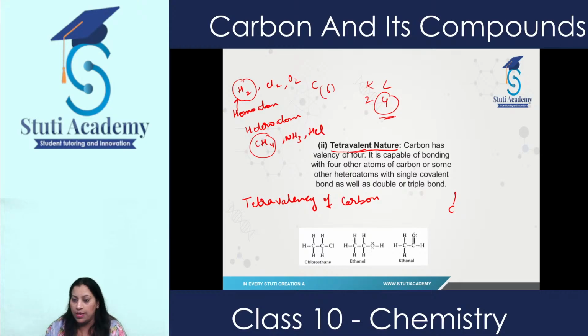Carbon has a tendency to combine with other atoms or heteroatoms and to form different kinds of bonds, whether it is a single bond, a triple bond or a double bond.